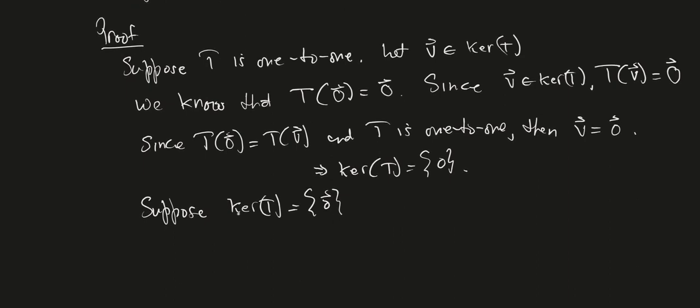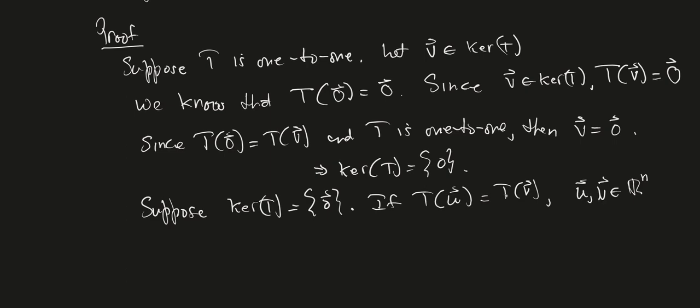So if T of u is equal to T of v, where u and v are elements in Rn, in the domain, so suppose the output is the same, what we would like to show is that the inputs would have to be the same.